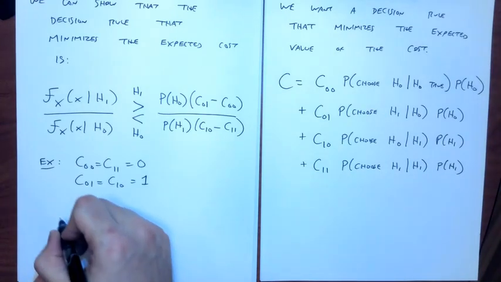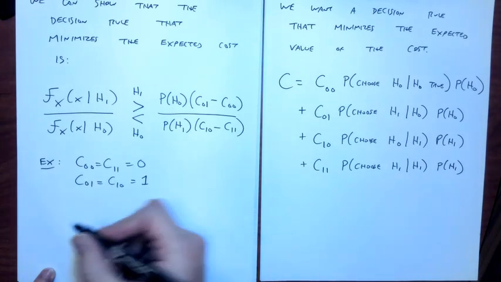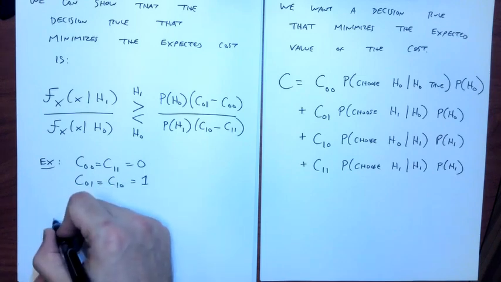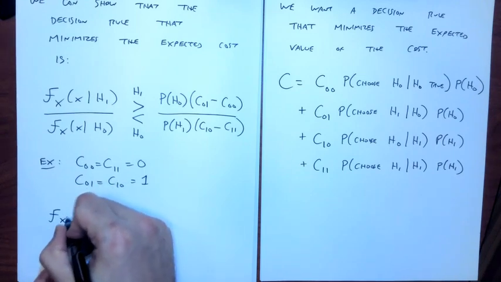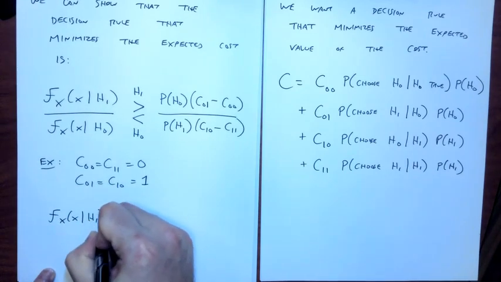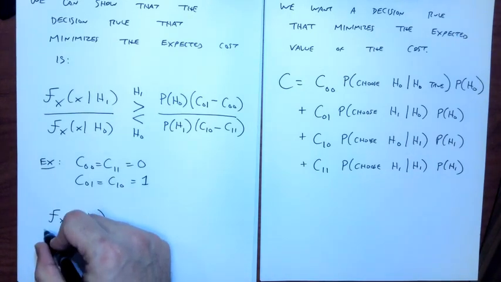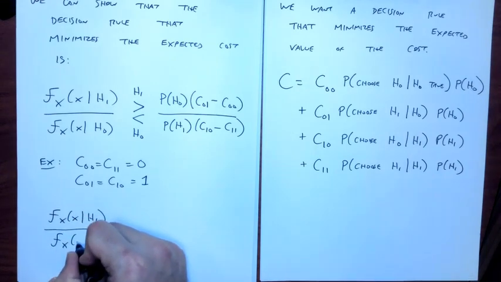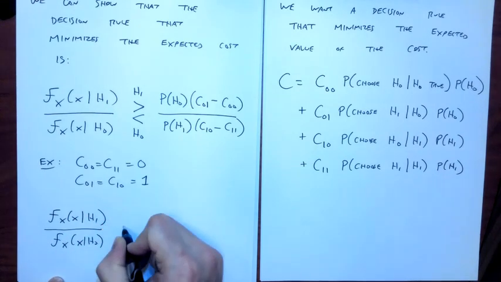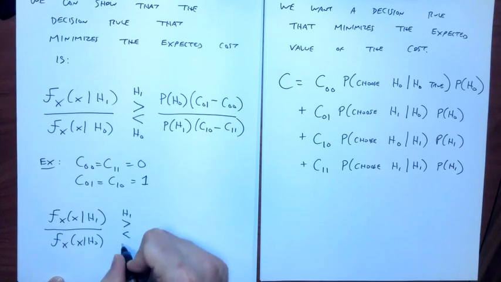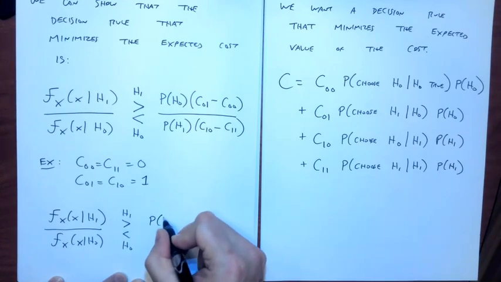Then this simplifies to, well, I'm going to write it like this, but then what's on the right-hand side just becomes the ratio of the priors.